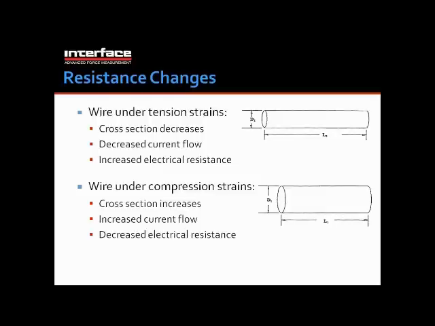So we have a condition where the electrical resistance across that wire increases. On the other hand, if we have this segment of wire under compression, its cross-sectional area will increase, and therefore the current flow across this segment will increase. And we have a condition where the electrical resistance across this element has decreased.